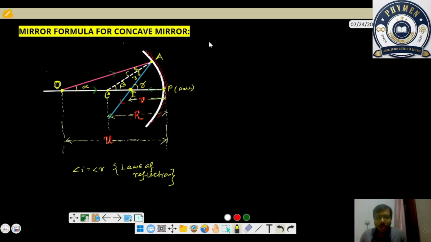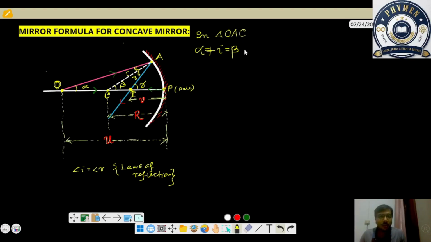Now from the geometry of this ray diagram, if we look at the triangle OAC, alpha plus I is equal to beta, because beta is the exterior angle to the triangle OAC.